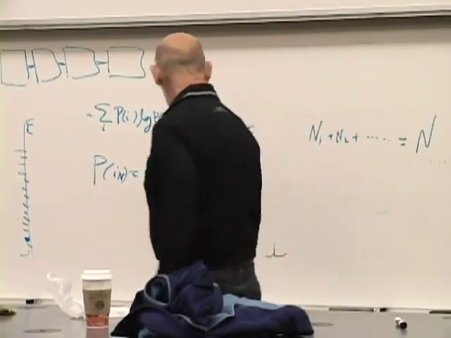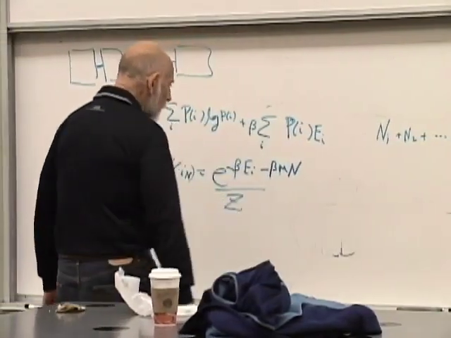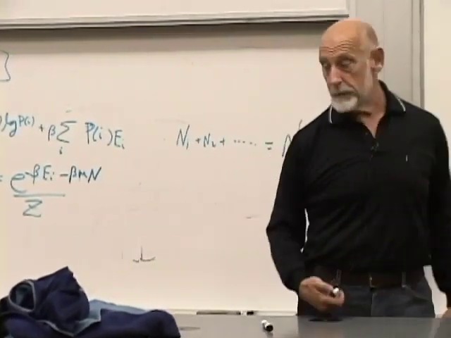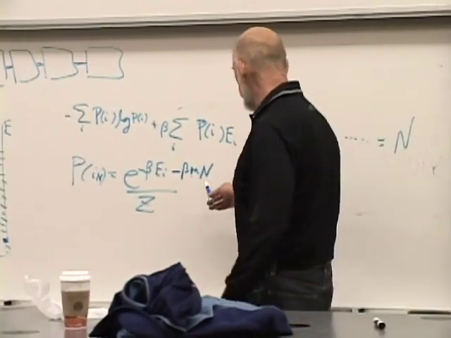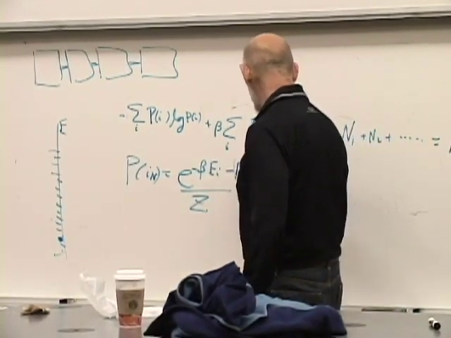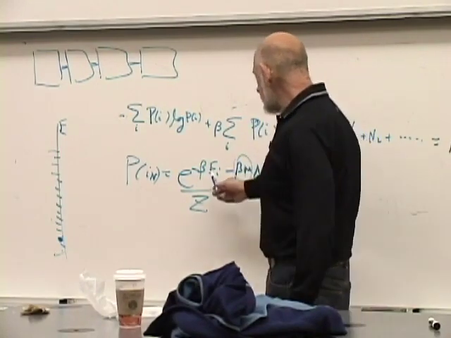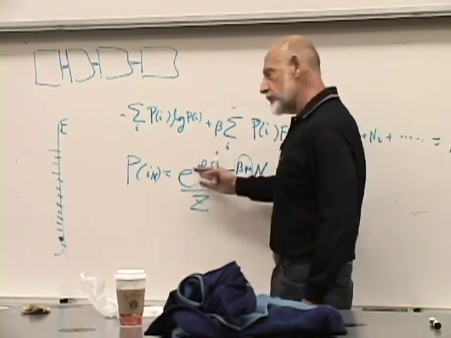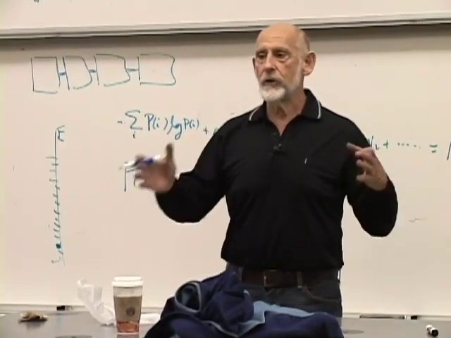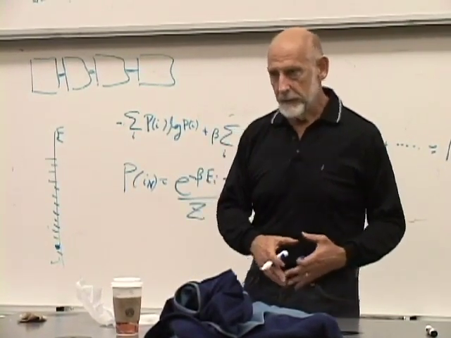All right. What does mu do for you? What does tuning mu do for you? Well, first of all, mu is very much like a temperature, or beta times mu. This combination here is like a temperature, but what does temperature do for you? Forget this. What is temperature? What does changing temperature do? It allows you to tune the energy. Right?